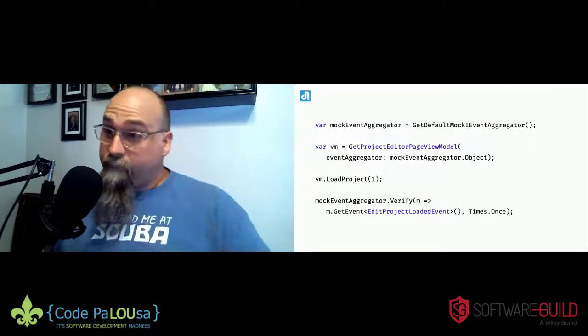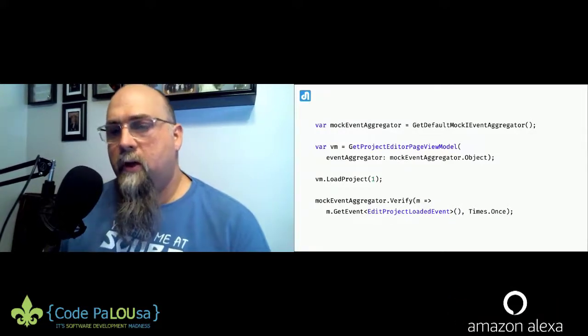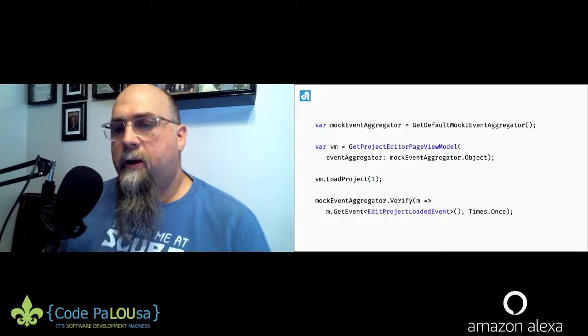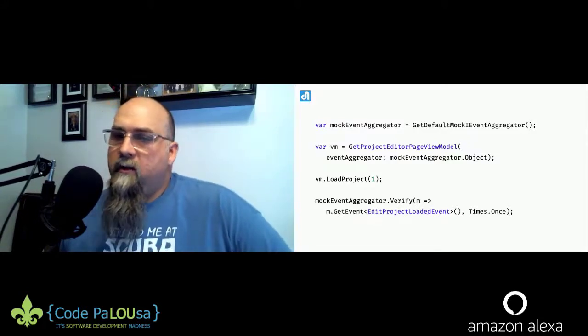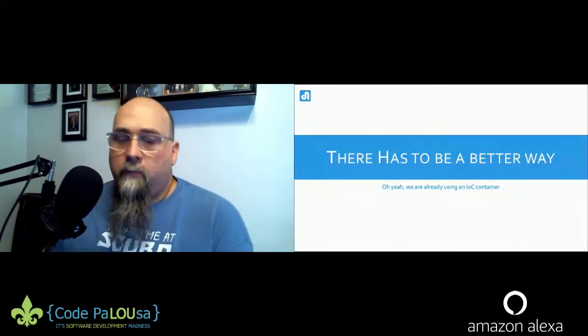But I still kind of looked at this and I thought, this is still a little cumbersome. I still am having to explicitly call this, doing some extra work here. I just started thinking about it, and I was like, what can I do to make this better? And one day it just clicked.